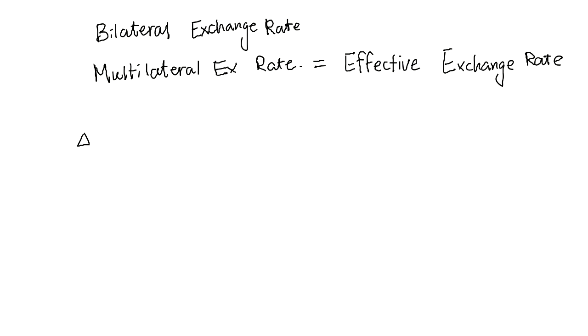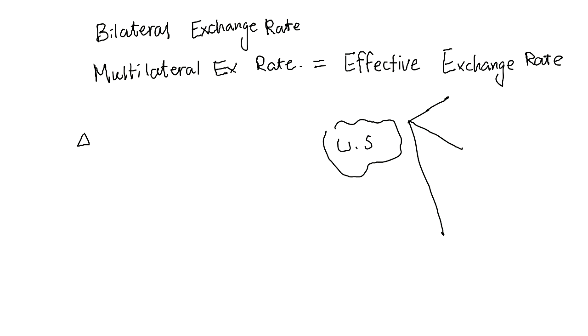right? So the example will be, for example, this is US and you have multiple trade partners. You have Europe as your major trade partner. You have China, you have Japan. And each of them has a percentage of the trade value, for example, Europe maybe it's 50, China maybe it's 30, Japan is 20.